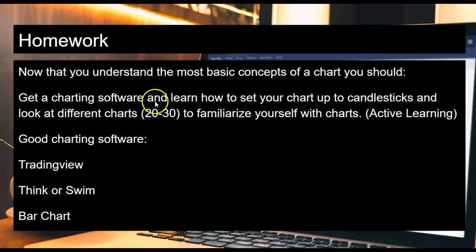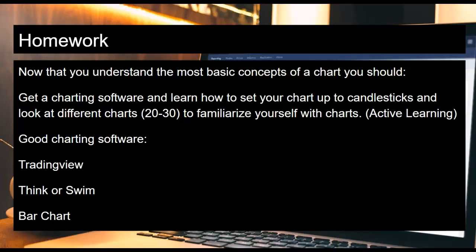Okay, so what I want you guys to do is, one, go check out a couple of different softwares and find out which one most fits you. Okay, and then two, look at the charts. Change it from a line chart to a candlestick to a bar chart, so you can see how that works. Okay, how you can switch them.